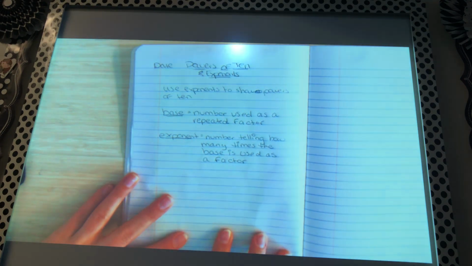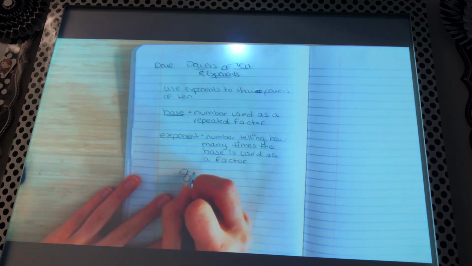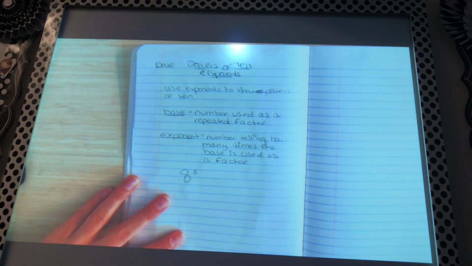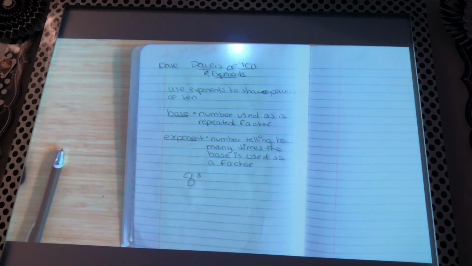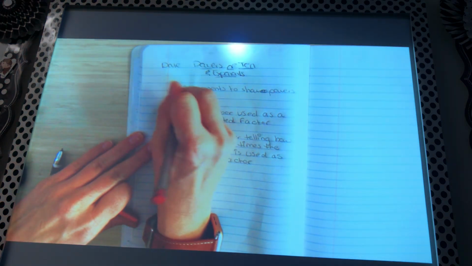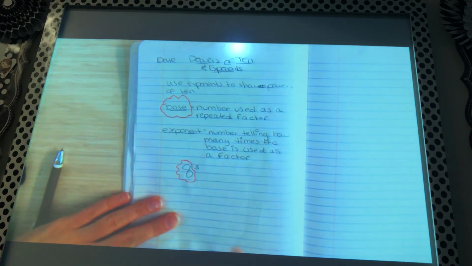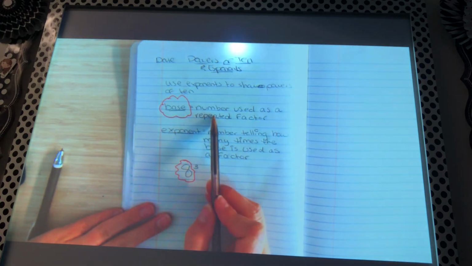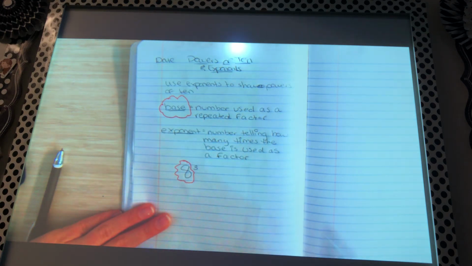So, for example, if I have the problem, let's say 8 to the third power. So that's real simple. Our base is 8. He's the number that's used as the repeated factor.